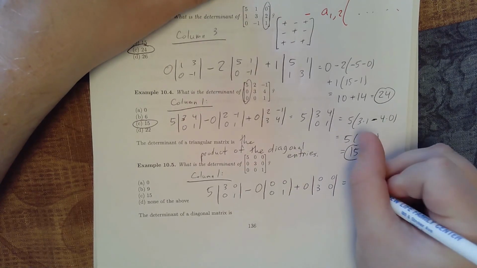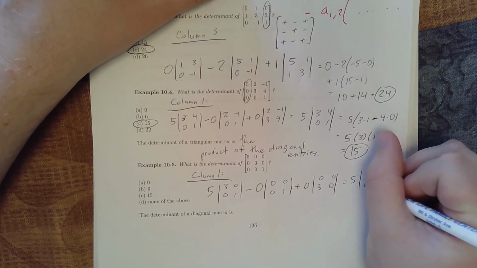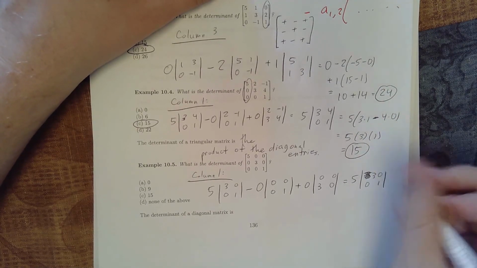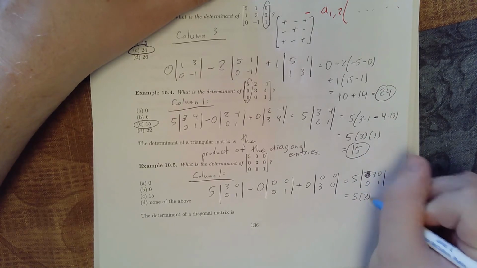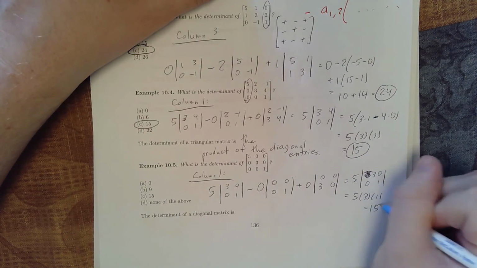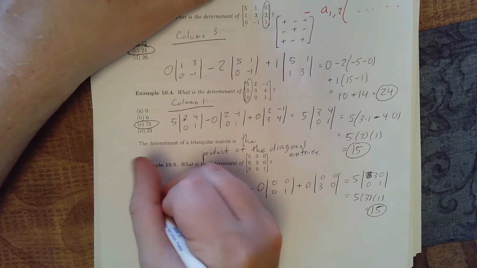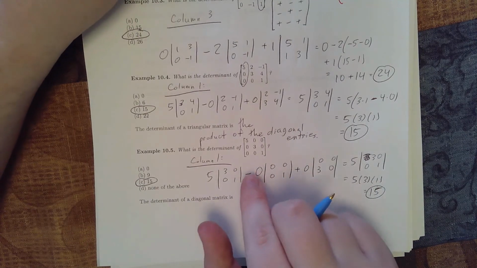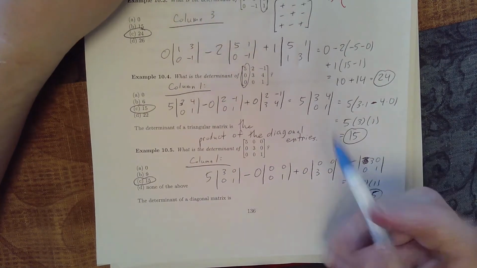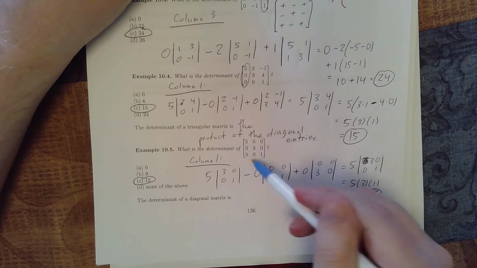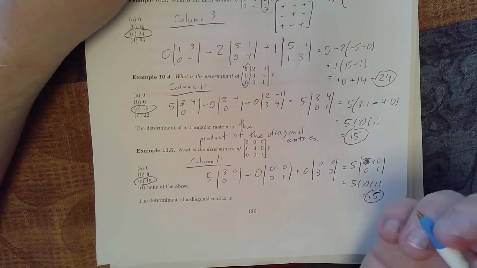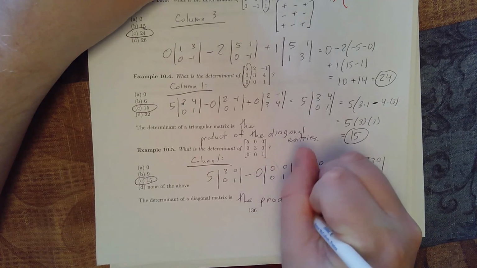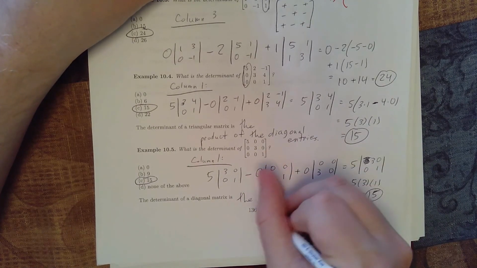So this will just be 5 times the determinant of 3, 0, 0, 1, which will just again be 5 times 3 times 1, which is 15. So if we have a diagonal matrix, notice that a diagonal matrix is just a triangular matrix. It's both upper triangular and lower triangular. So the determinant of a diagonal matrix is again the product of the diagonal entries.